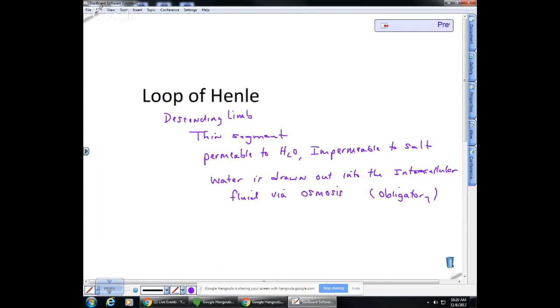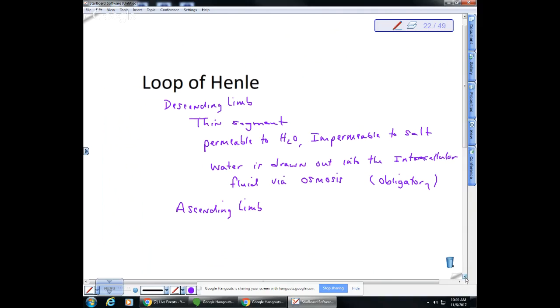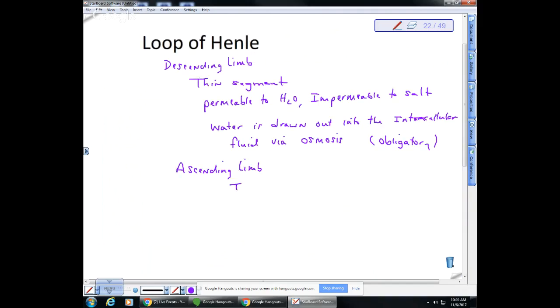So in the ascending limb, which is moving back up towards the cortex, this is called the thick segment. It is permeable to salt, but not water.